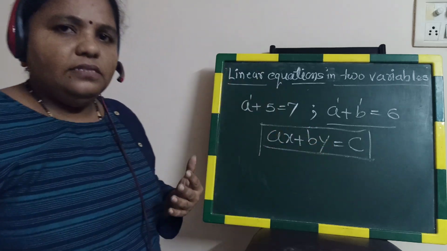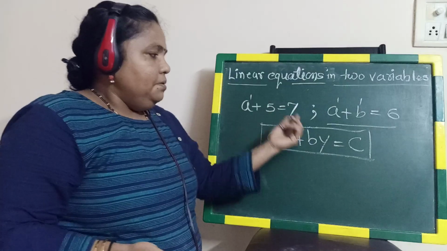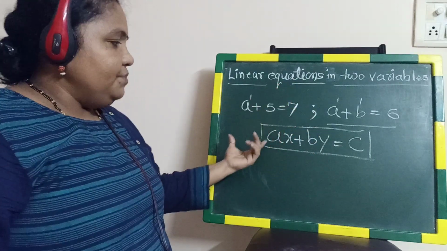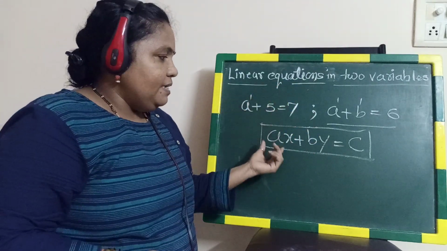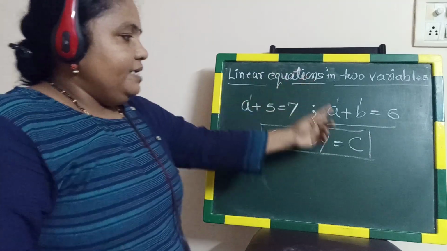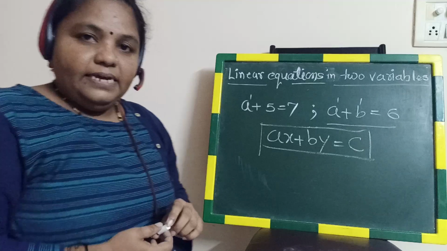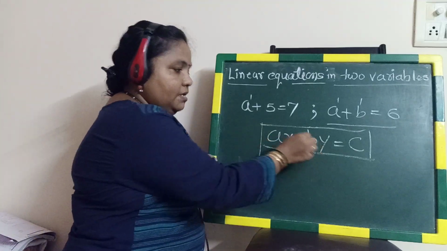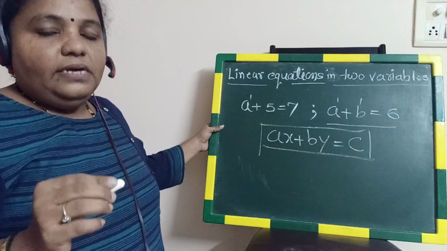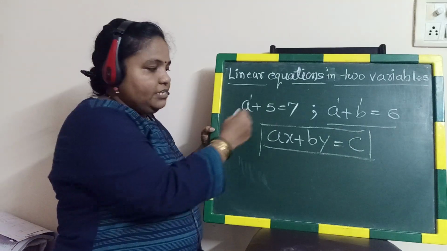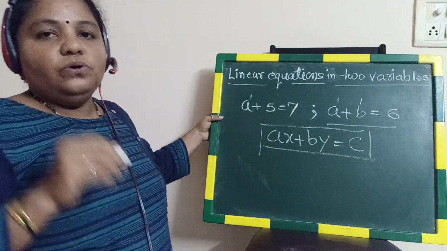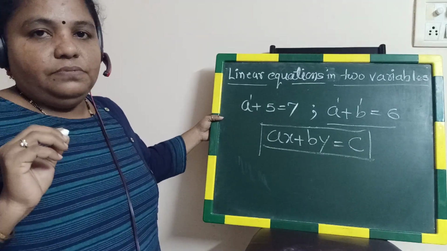We can use any other alphabet for that. a and b are the coefficients of the variables x and y respectively, and c is the constant term. a, b, c are all real numbers. Just a and b cannot be 0. That means these two coefficients are always non-zero.